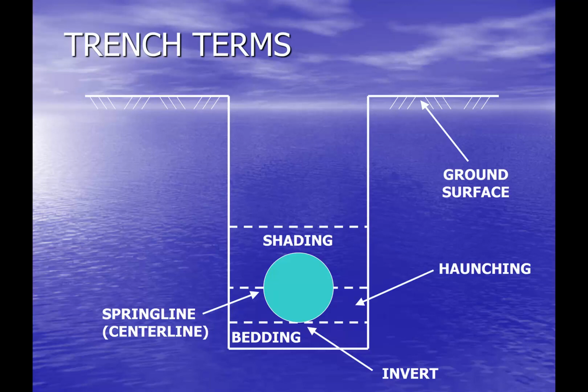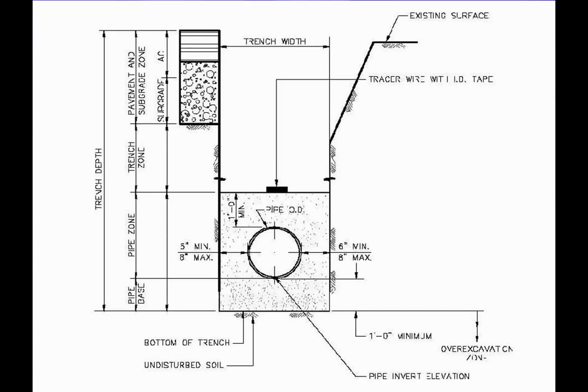The technical term for the compaction of the material, again often sand, from the bottom of the pipe up to the spring line is called haunching. And it gets specific attention because effective compaction of that area provides the majority of the support for the pipeline.